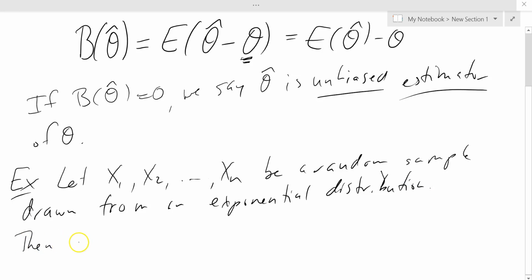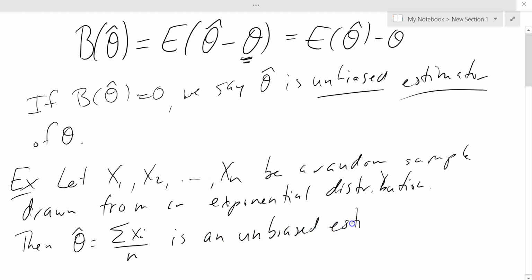Then theta hat equaling the sum of the x's over n is an unbiased estimator for theta, which here I'm using as the parameter for the exponential distribution.